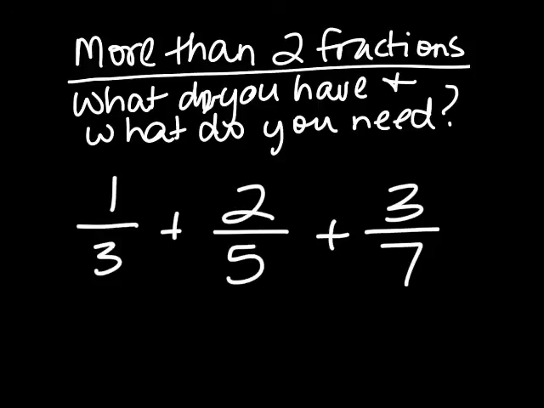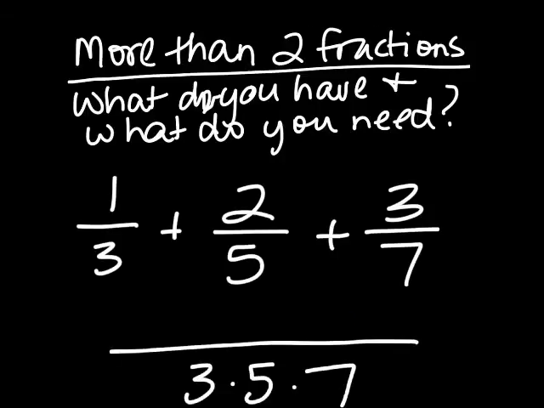And the way we're going to do that is every denominator needs to exist in our common denominator. So we're going to make one big fraction that is 3 times 5 times 7. Okay? And we'll simplify this all in a minute. And we know we're adding, so we'll just kind of set it up that way.